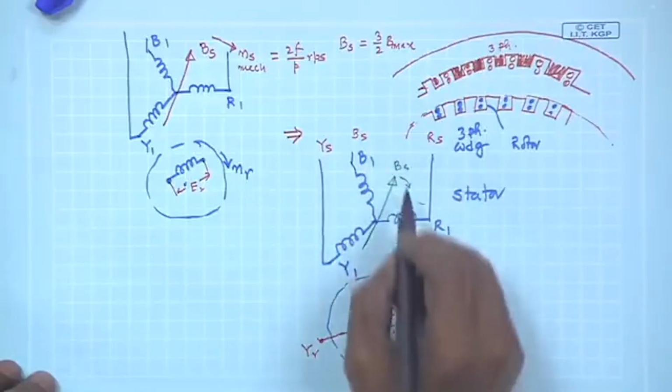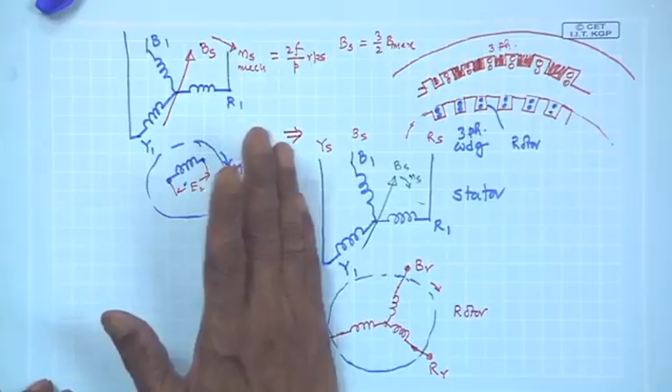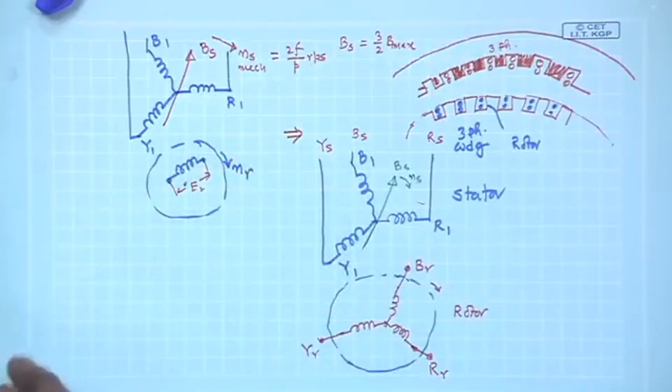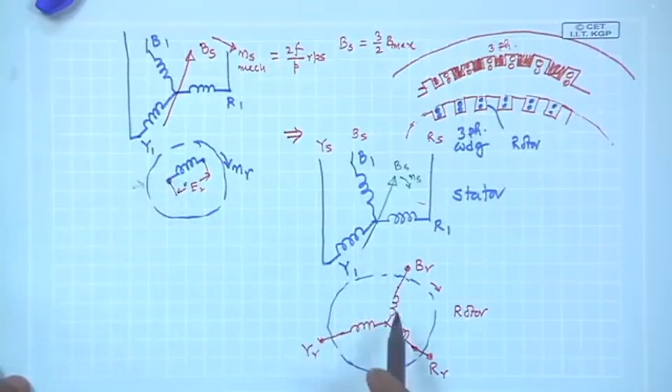It will move with a speed Ns, and now it will move in this direction, so that instead of a single coil as in the previous example, we have 3 coils which are separated by 120 degree electrical apart.